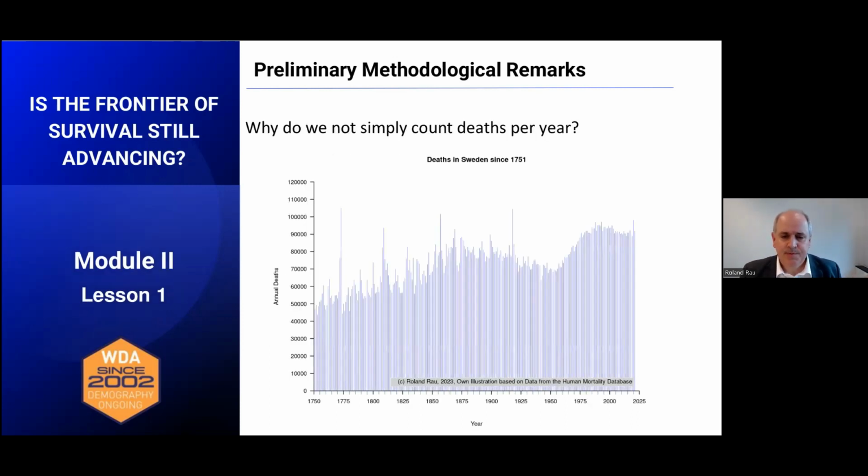Once you see it, those are the death counts for Sweden since 1751. Every discipline has its favorite example. For demographers, it's Sweden because it's the country with extremely high data quality, and the time series goes back until 1751. That's the earliest time for any country where we have reliable data for a sizable population.